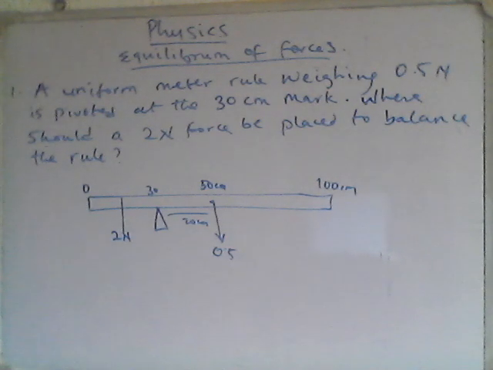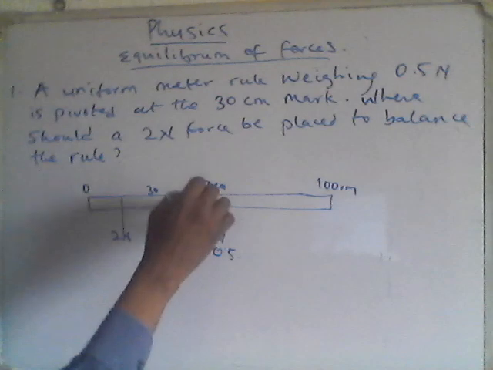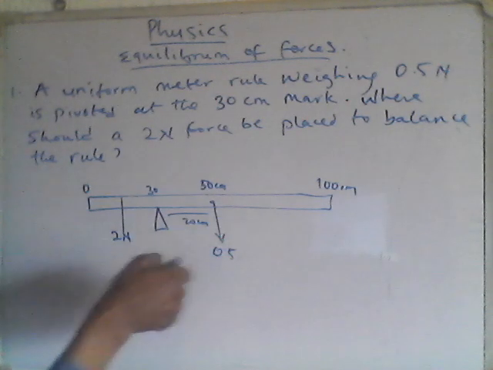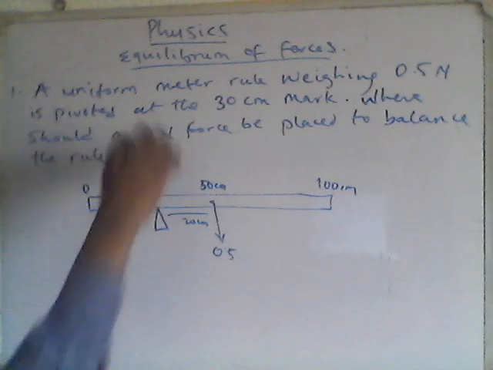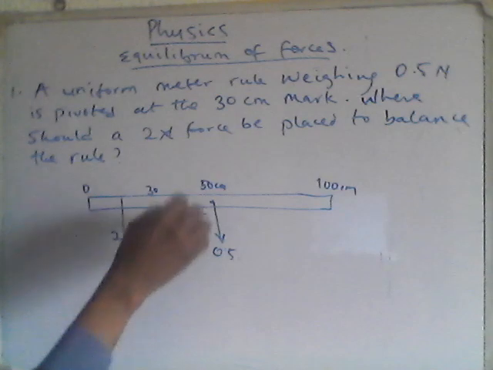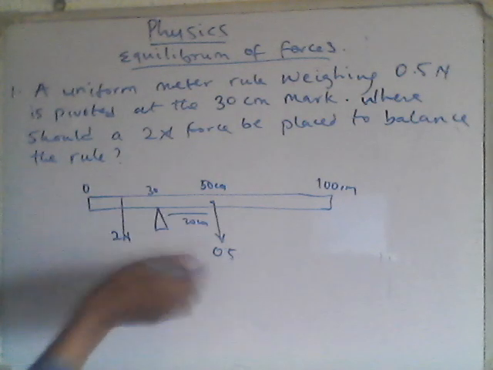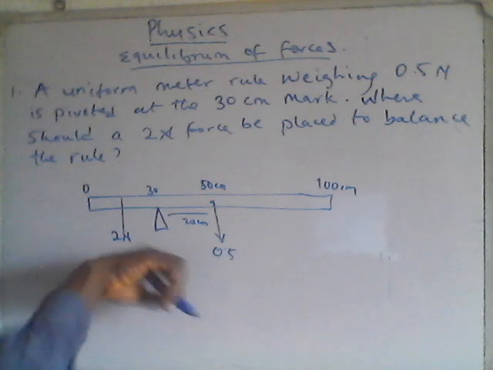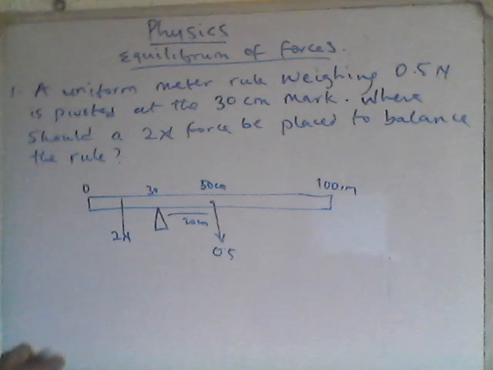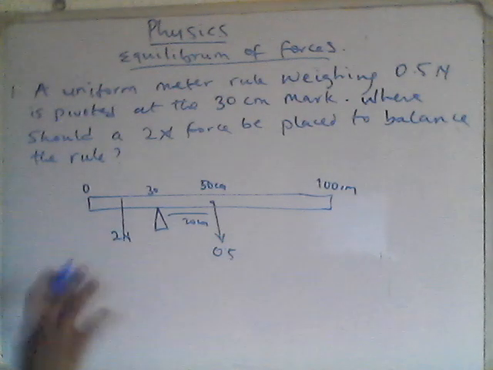For equilibrium to occur, the clockwise moment is equal to the anti-clockwise moment. Clockwise moment is the force going down this way times the perpendicular distance, equals the force going the other way times the perpendicular distance. We have gotten all these parameters.